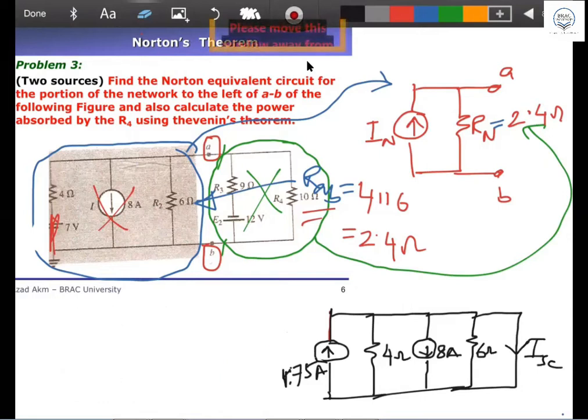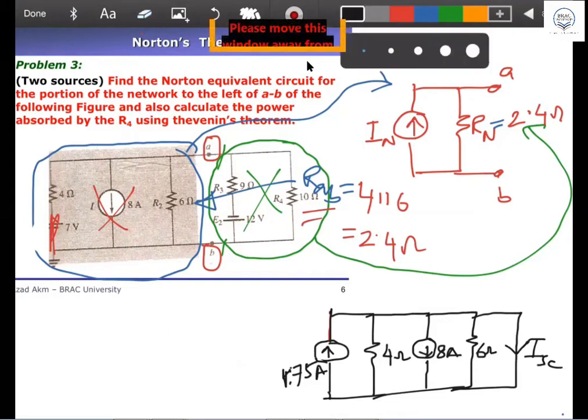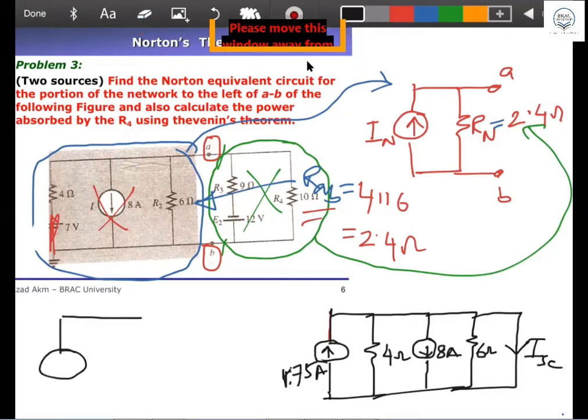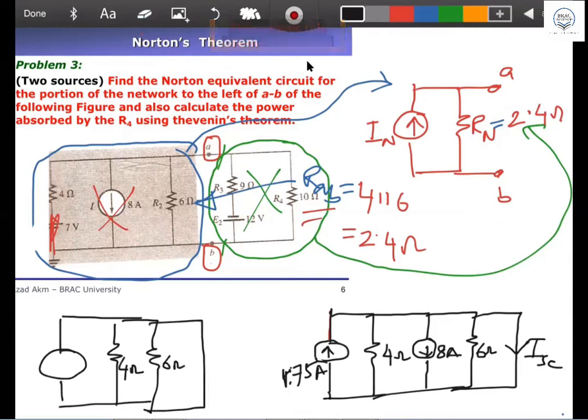These two current sources are in parallel, so you can combine them into one current source. Will that be in the upward or downward direction? Downward, because 8 is more than that. One resistance is 4 ohm, another is 6 ohm, and this is your I short circuit path.